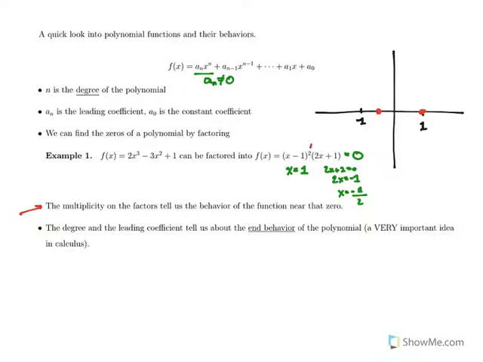So the multiplicity on the x minus 1 factor is 2. The multiplicity on the 2x plus 1 factor is a 1, since there's nothing written there. And that number tells you if the function is going to bounce off the x-axis or cross at that point.